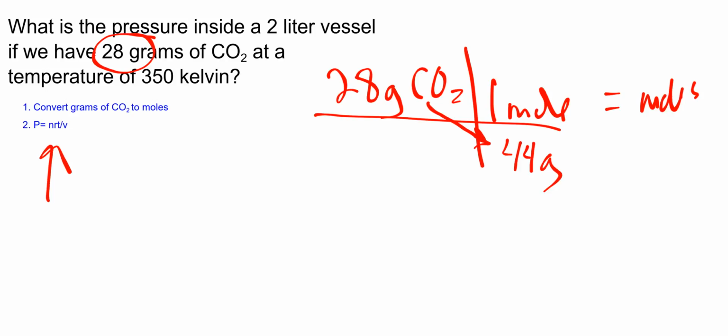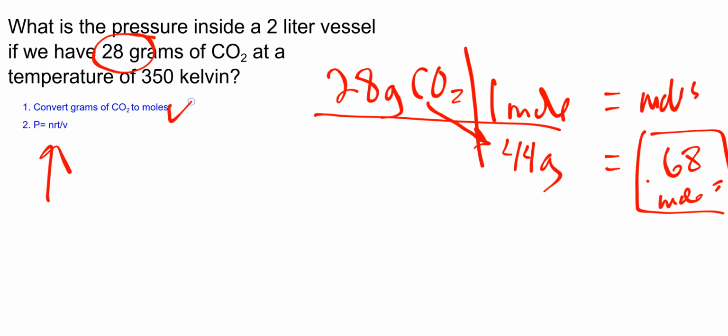All right, so you just take 28 and divide it by 44. And I didn't bring a calculator. Let's see, it's roughly 2/3. I'm going to say, and I could be wrong, it's like 0.68 moles. You calculate it. I'm just going to go with 0.68 moles.